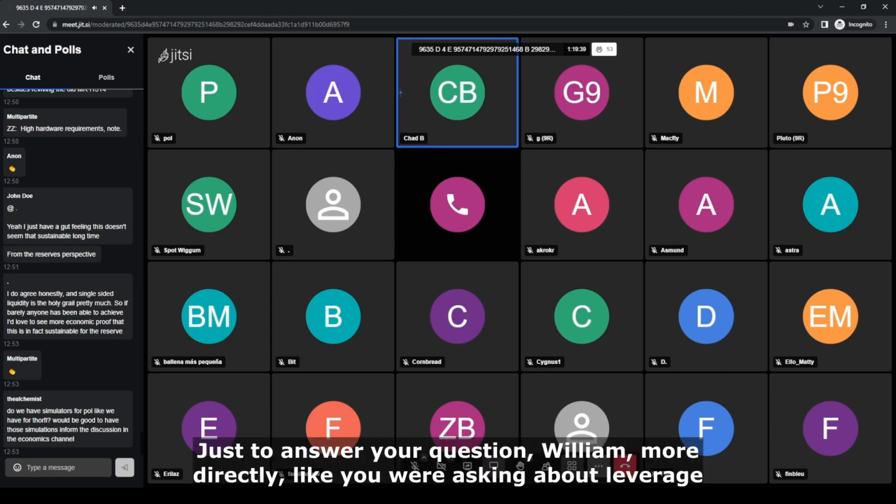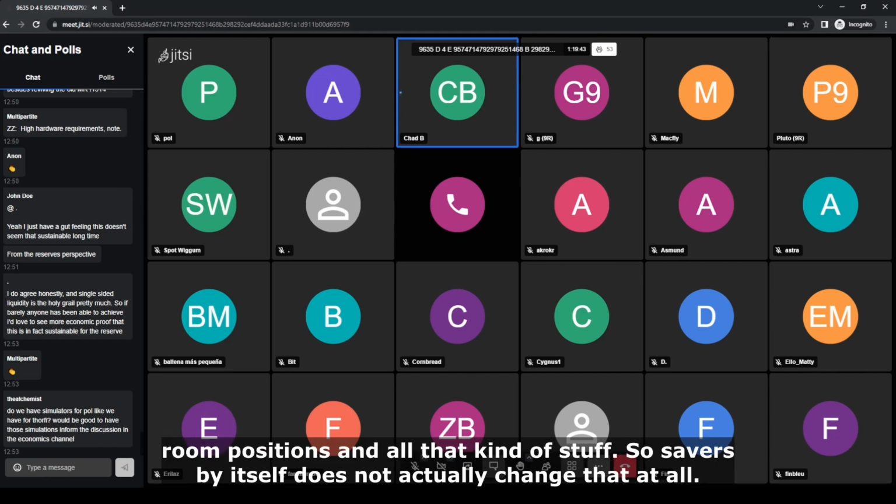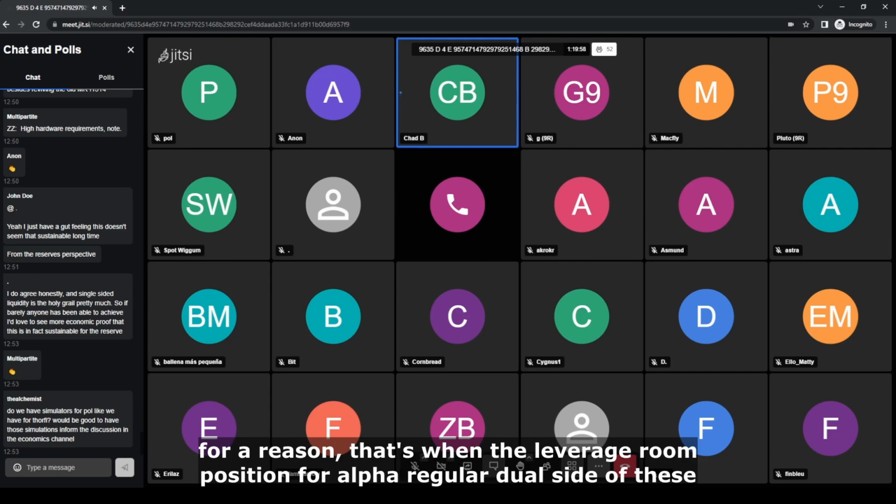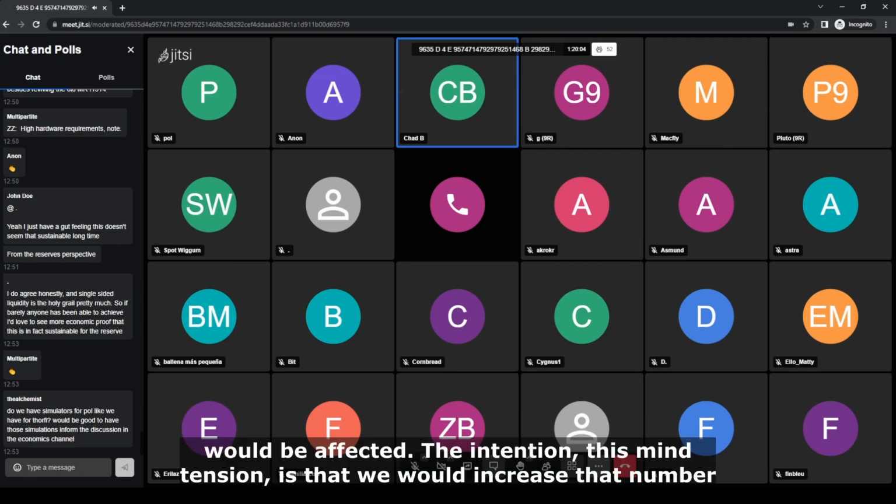Just to answer your question, Wiggum, more directly, you were asking about leverage room positions and all that kind of stuff. So Savers by itself does not actually change that at all. That's controlled by the cap that's being placed on the network. So if that SIM cap gets increased for whatever reason, that's when the leverage room position for regular dual-sided LPs would be affected.